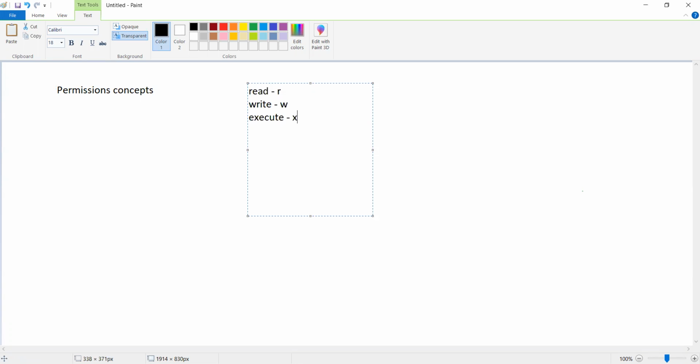This is indicated with X. So with the read permission, you will be able to see that particular file or folder. That is about read. And the second permission we have is write. With write, you can do some kind of modification.